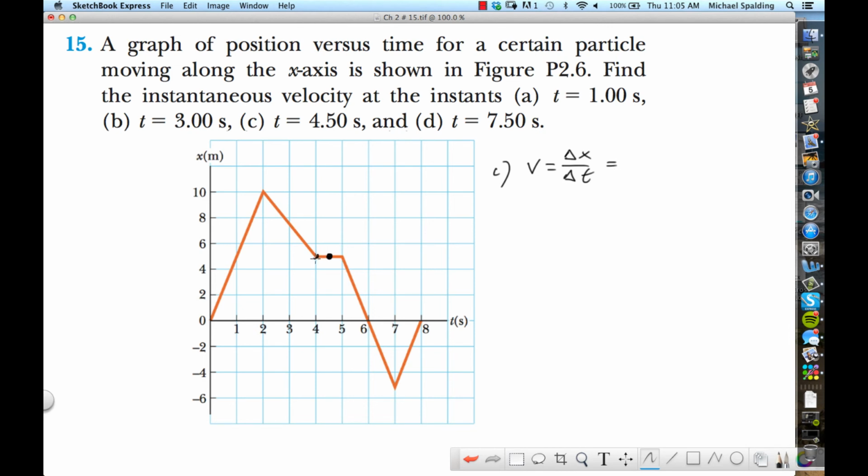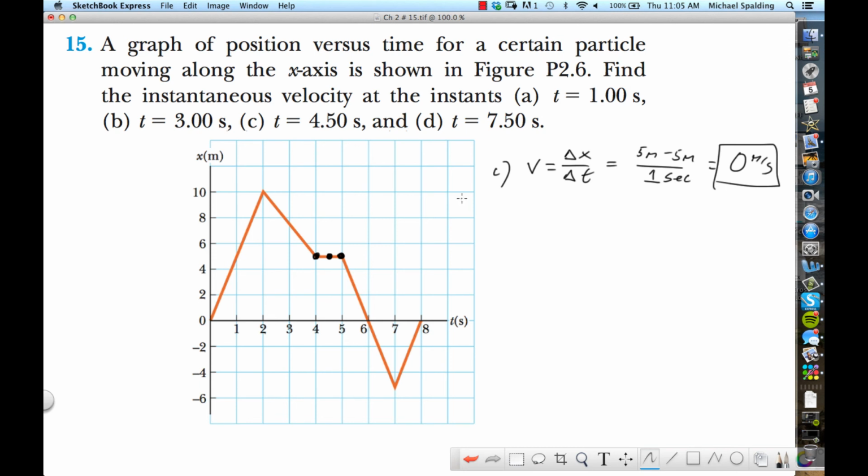So let's use that point and that point. What's the time from 4 seconds to 5 seconds? 1. And then this is going to be final minus initial: 5 meters minus 5 meters, which is 0. There is no slope. So there's no velocity.